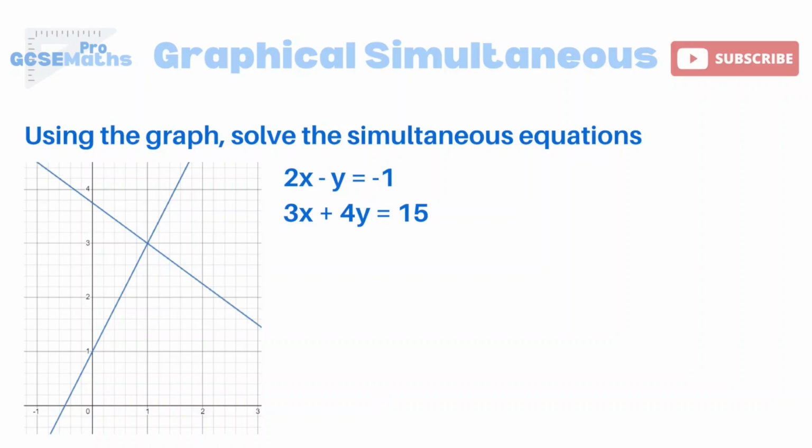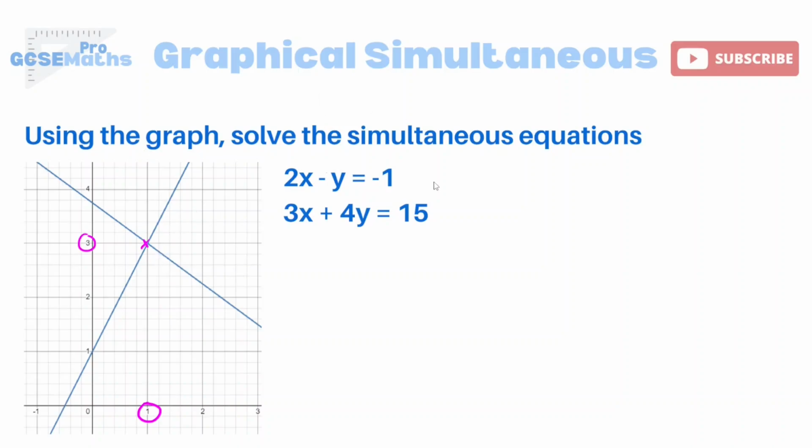So really, the main thing I'm looking at on this graph is where do they intersect? Where do they cross over each other? Because that point, exactly in the middle here, is where they both share the same x coordinate and the same y coordinate. Okay, coordinates, values, same thing, right? They're still just what is x as a number, what is y as a number.